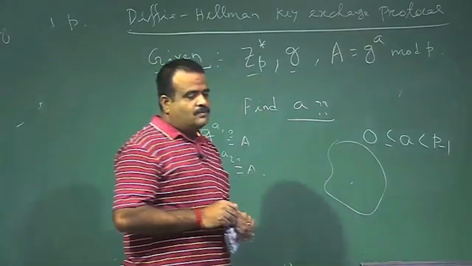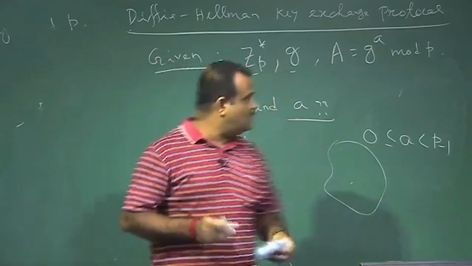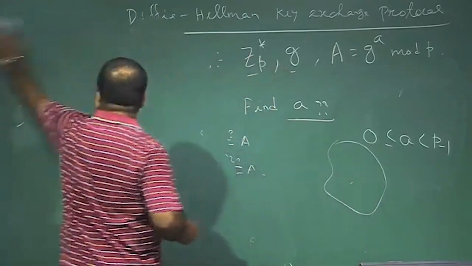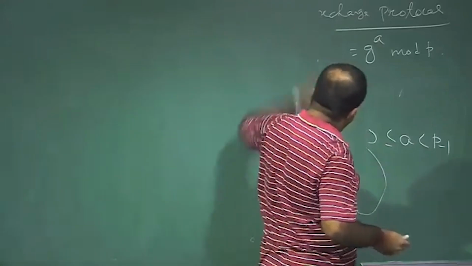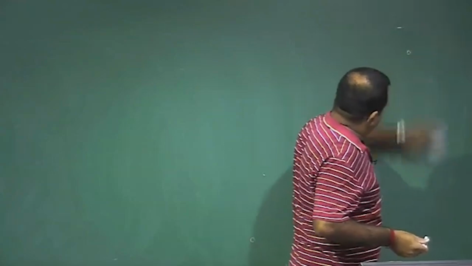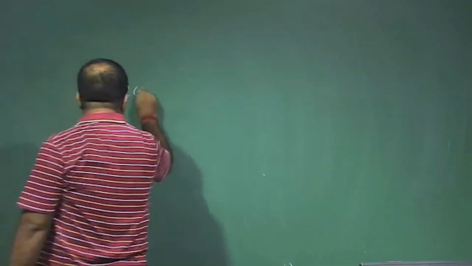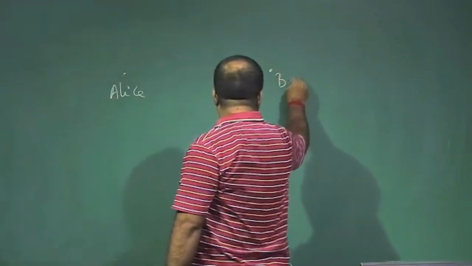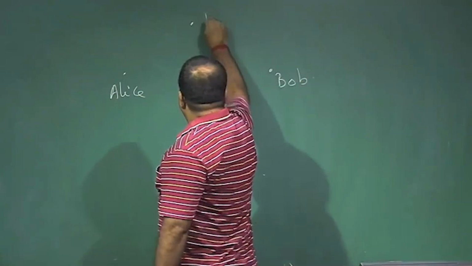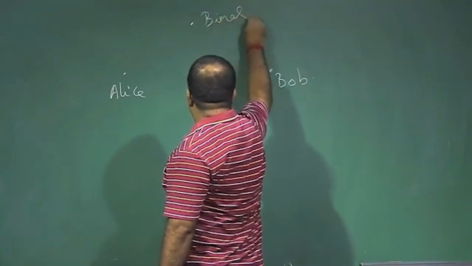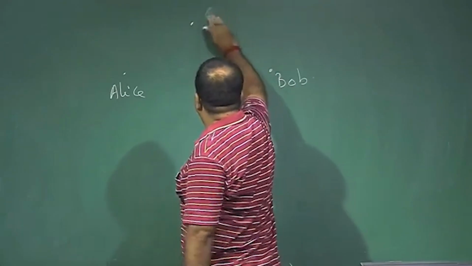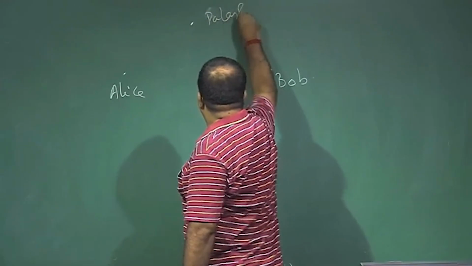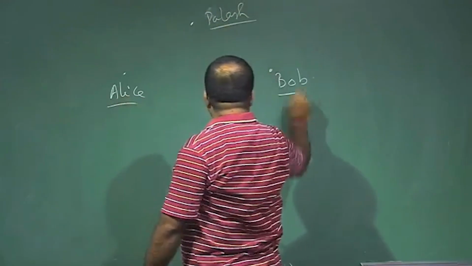So in a public key crypto system, we have a pair of keys. There are two parties, or more than two parties: Alice, Bob, and say another party, Bimal, or Palas.